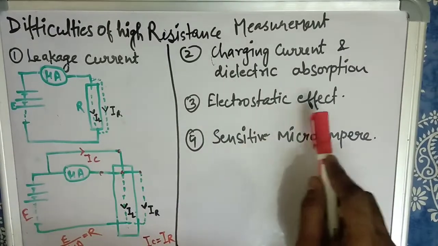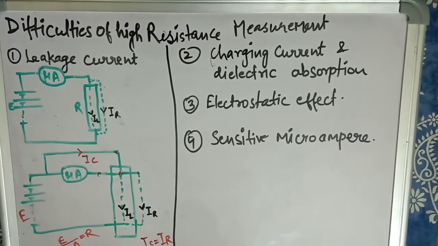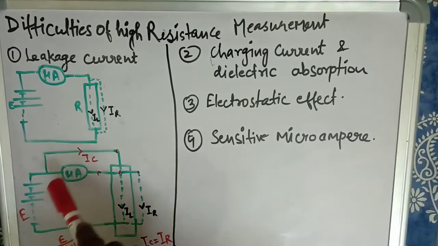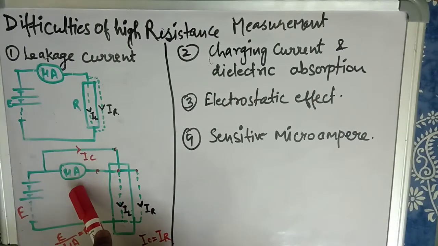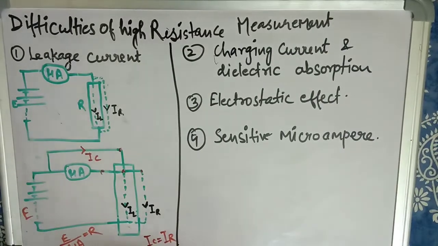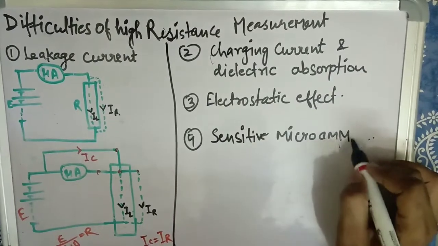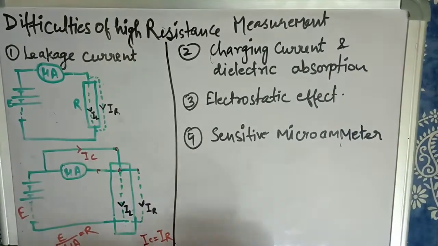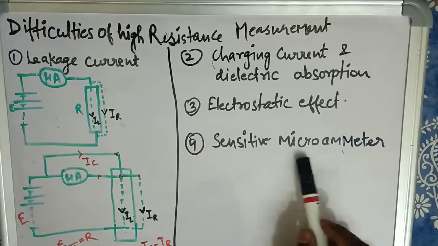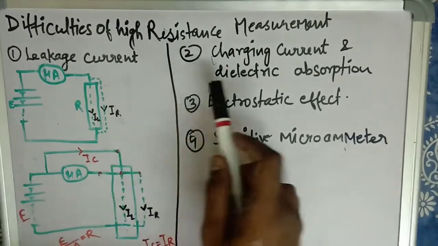Another problem is the electrostatic effect: if any electric field is nearby, that is a stray electric field, that creates problems and distortion in the microammeter. Another problem is the sensitive microammeter. Since the value comes out to be in microampere, we need a very sensitive microammeter that is very costly. This makes the measurement of high resistance very difficult.